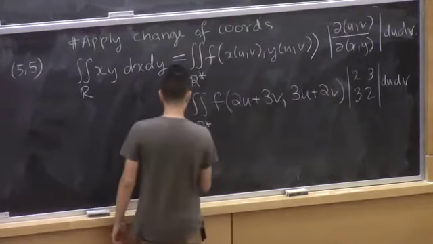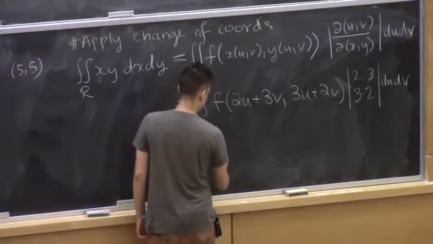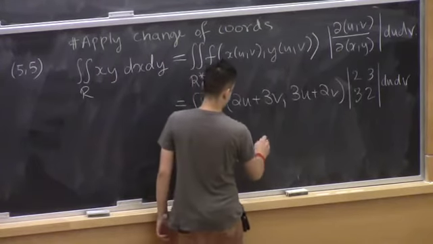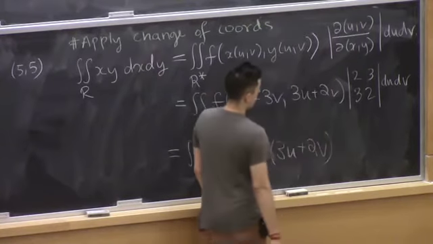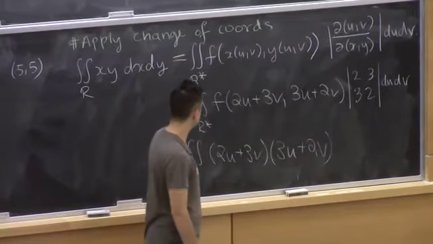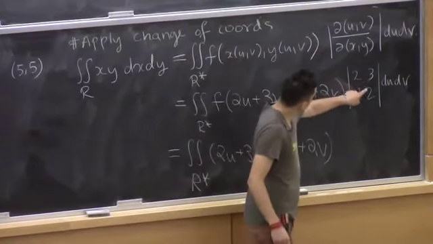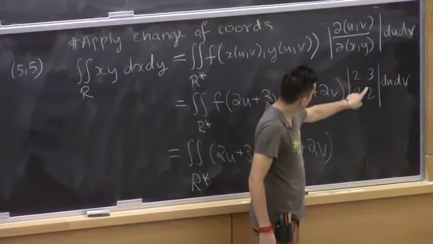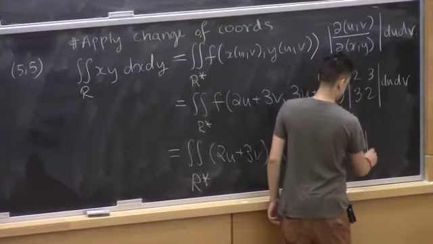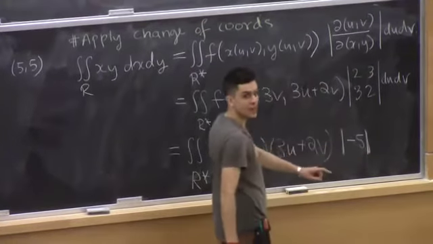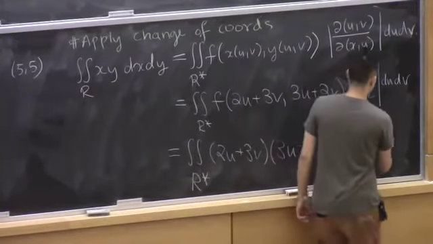And we get the following thing. And this guy, when we multiply it out, we get 4 minus 9. And we should note that there's an absolute value there. The absolute value is very important.